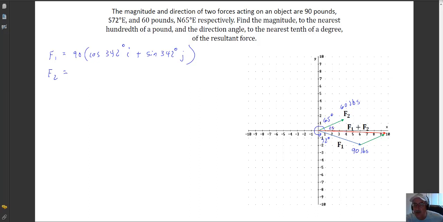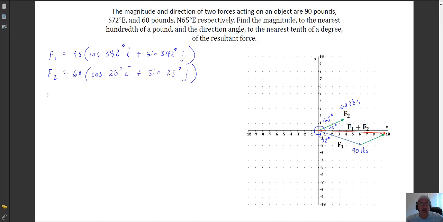So really the angle you need when you're writing these vectors comes back to all of the trigonometry we have learned as we have progressed this semester. So y'all should start feeling the power right now. All right, so F2 we're going to say is 60 times the cosine of 25 degrees i plus the sine of 25 degrees j.